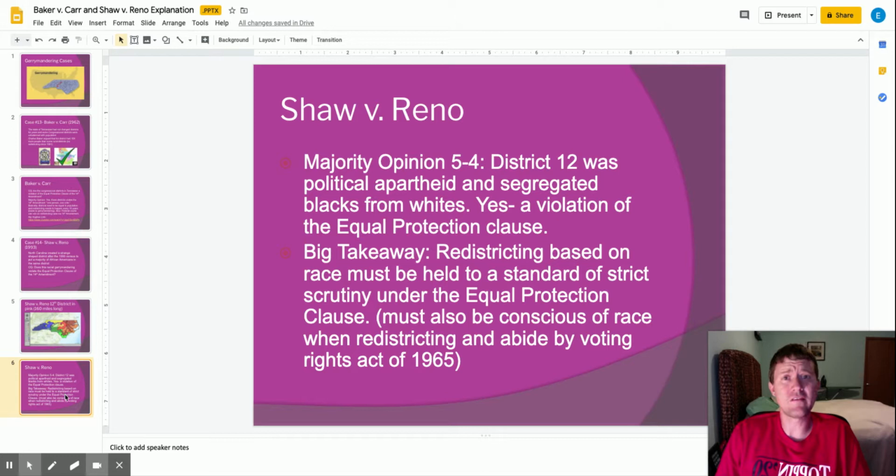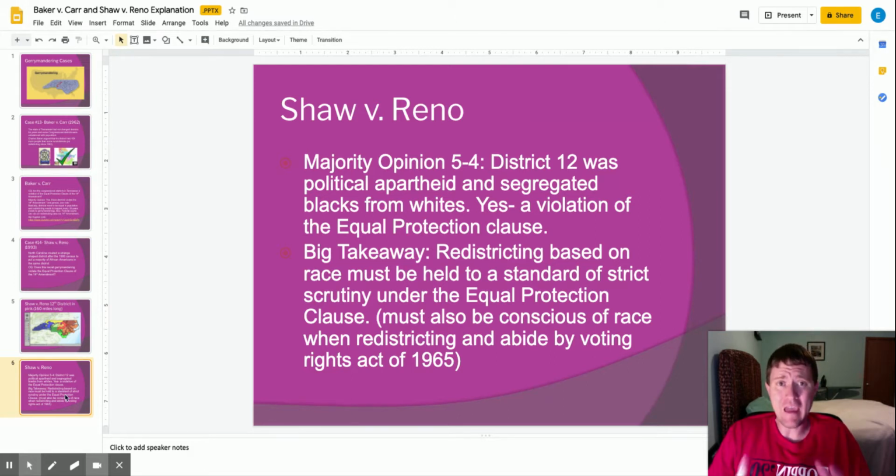The court, in a split decision, 5-4, said that yes, District 12 was clear. There was gerrymandering there, which North Carolina admitted. But the court says, yes, it is a violation of the Equal Protection Clause. And the court also, and this is important, says race can be a factor when states are drawing districts, because it's the responsibility of states to do the redistricting.